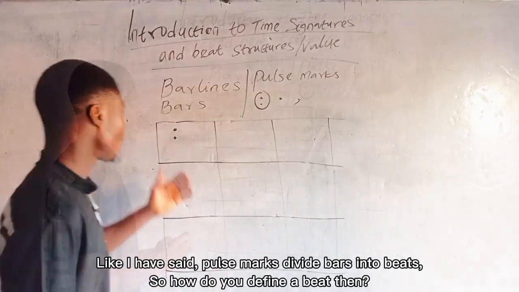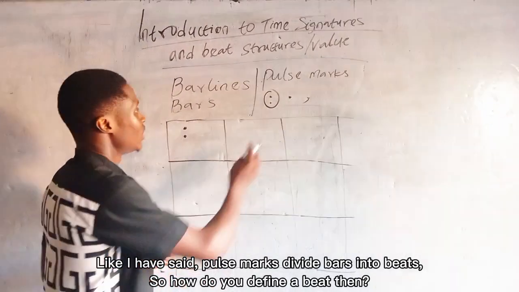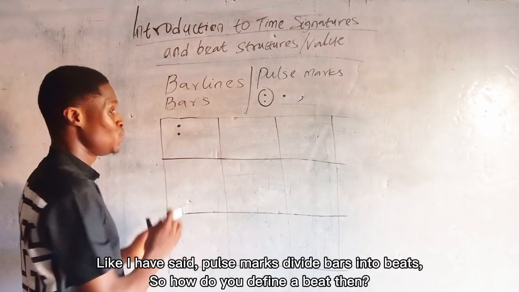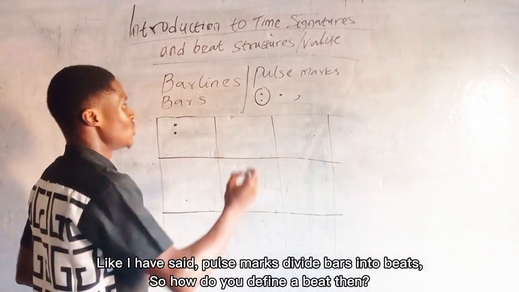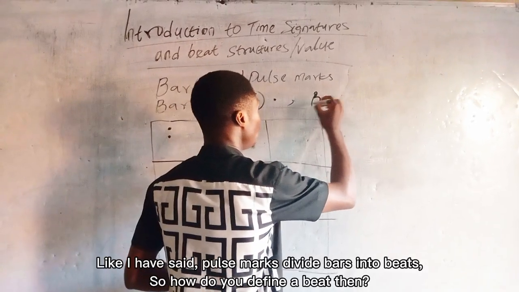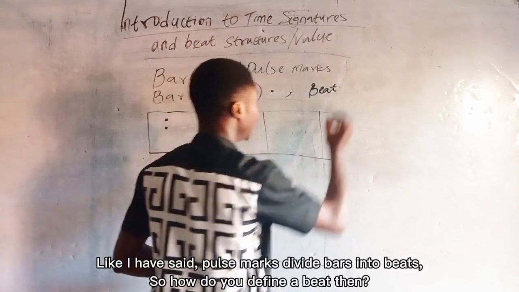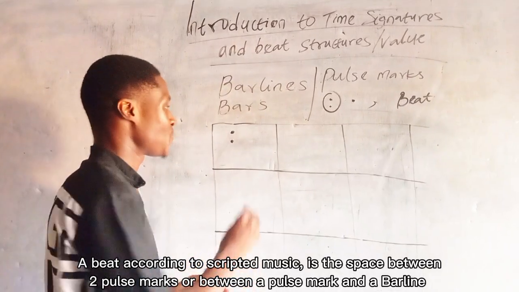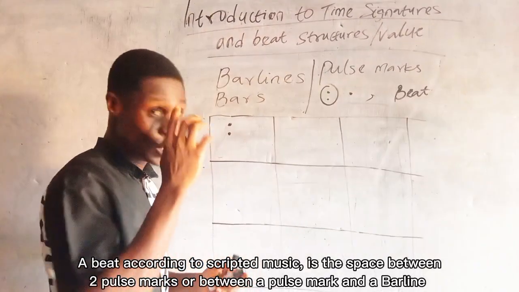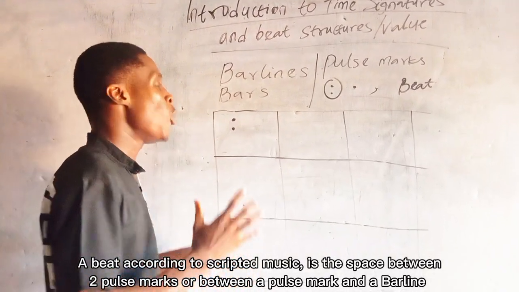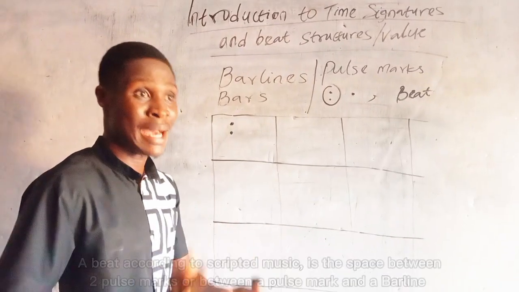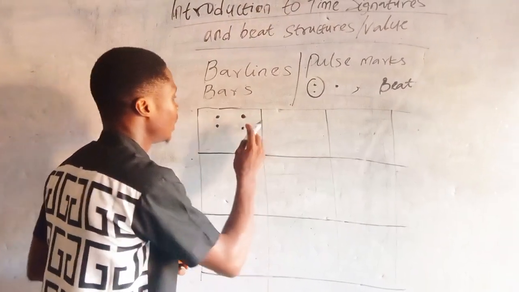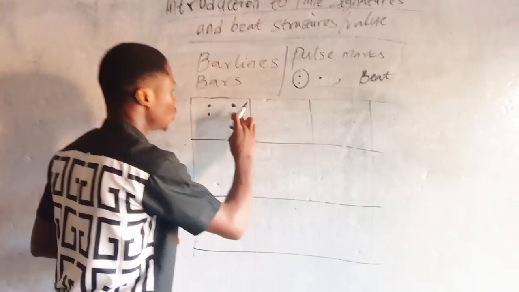Like I've said, pause marks divide bars into bits. So how do you define a bit then? A bit, according to scripted music, is a space between two pause marks or between a pause mark and a bar line. So if we have a pause mark here, and this is a bar line, so this is a bit.